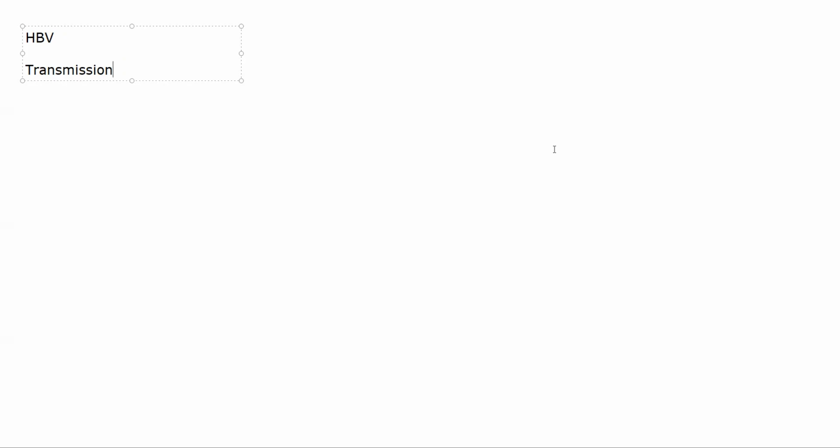In all of these conditions, these viruses can be transmitted. So we have blood transfusions, and we have perinatal, wherein it is going from mother to child.